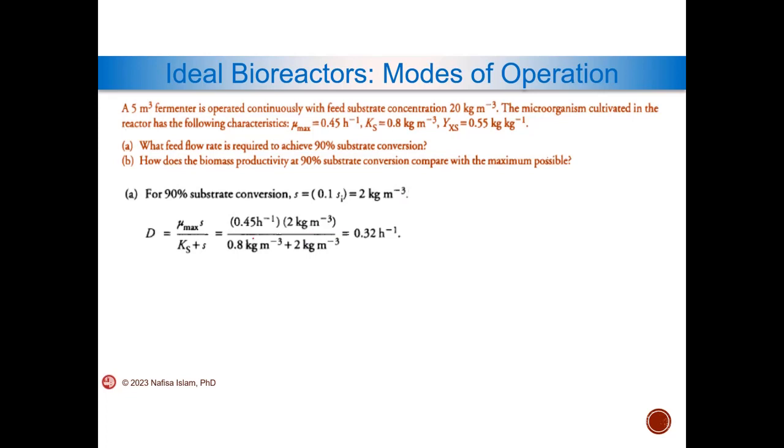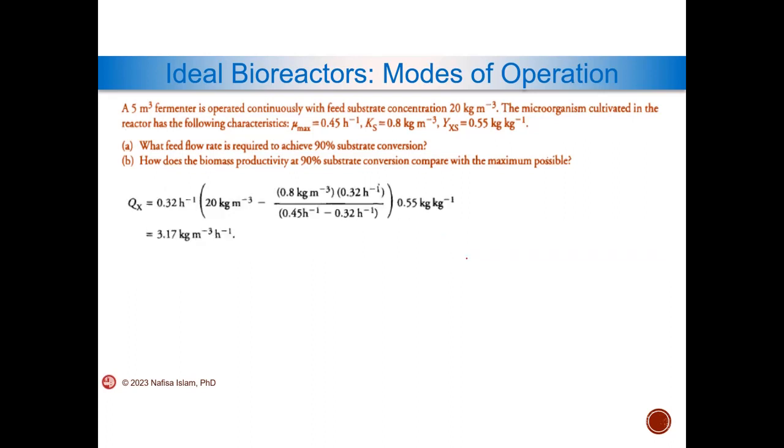Like I said, we know mu max, we know KS, and we know S, so we can find D. So simple. Figure out what is the flow rate. Try this at your own pace. The first one is pretty simple.